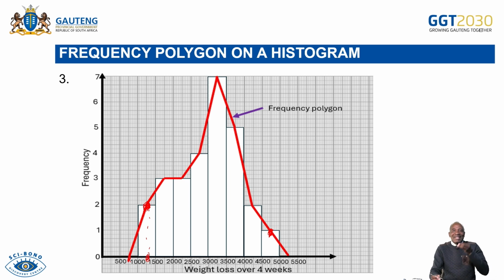But because of grounding, we look at the next class, which is from 5,000 to 5,500. Again, there was no one in that class. The frequency was 0. So you ground it in the middle of this, which will give you 5,250. So when you ground your frequency polygon, you always look at the previous class.